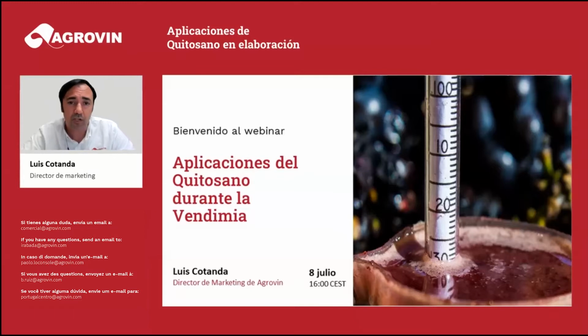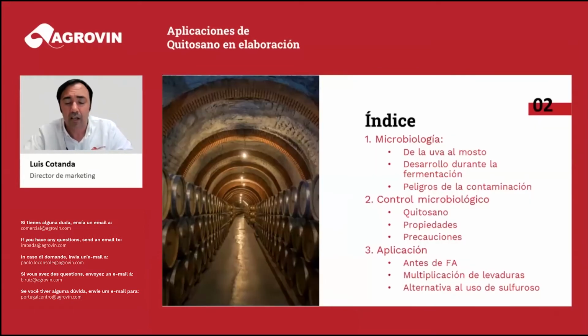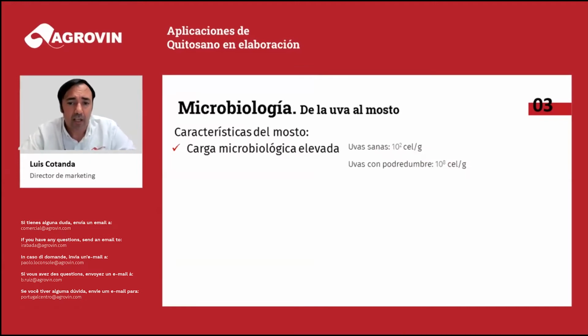And then we will speak about the use of chitosan, some aspects that I think will be interesting to know. Finally, we will see some applications of chitosan in the previous phases to the winemaking. Then we will see its use in the multiplication of yeasts, and then we will give a proposal of a product to substitute or replace fully the sulfur dioxide.